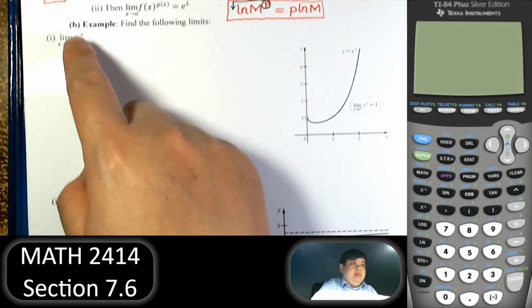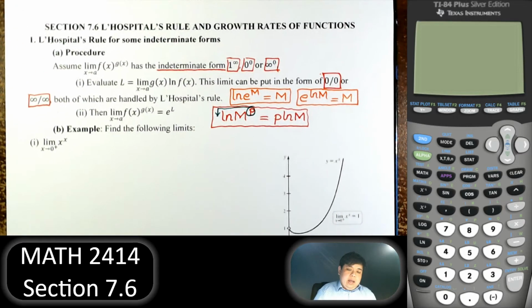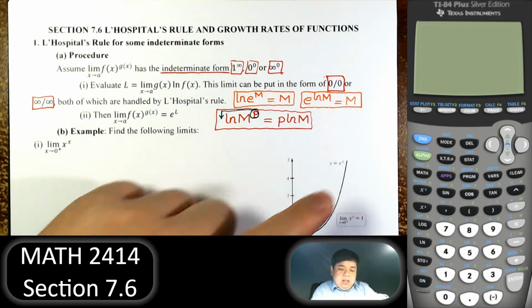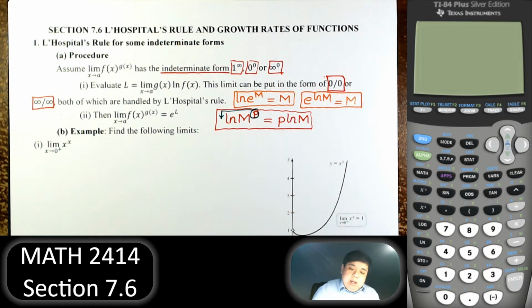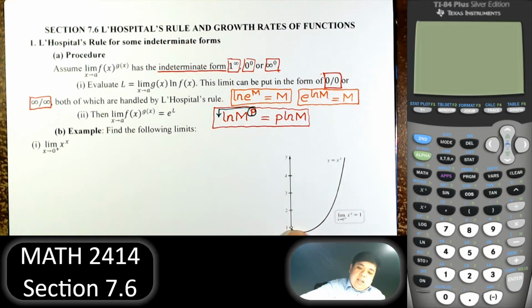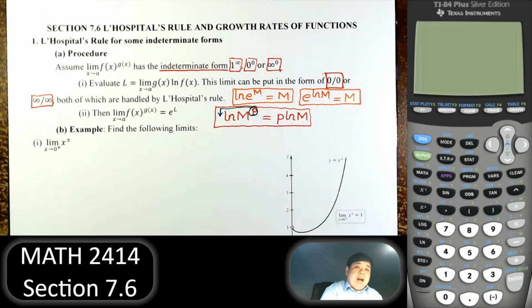Now, of course, L'Hôpital's rule will be extremely useful just to find limits. So now we have the limit of these functions. First of all, the limit of x to the x. What does that go to? Of course, when x goes to 0 from the right side, that goes to 1. So we know the answer is 1 by the graph.